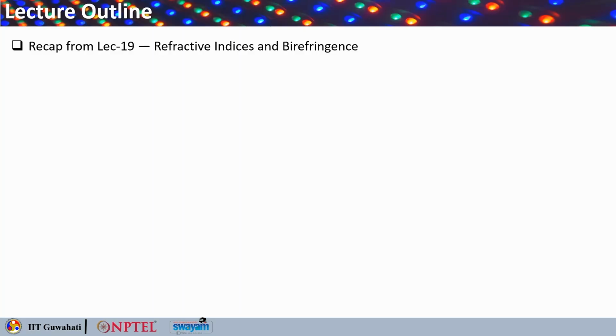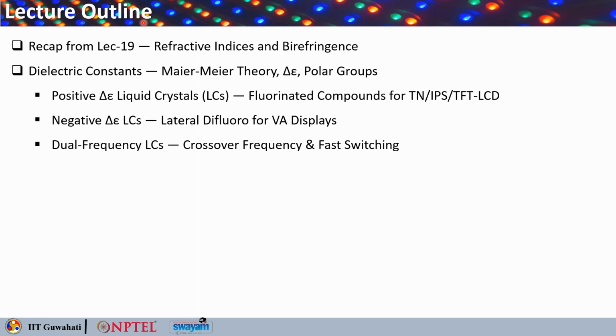We will have some recap from lecture 19, and we will talk about the refractive indices and the birefringence. Then we will discuss the dielectric constants, focusing on the Maier theory, the delta epsilon and the polar groups. We will talk about the positive delta epsilon liquid crystals, such as the fluorinated compounds for twisted nematic, in-plane switching and TFT LCDs.